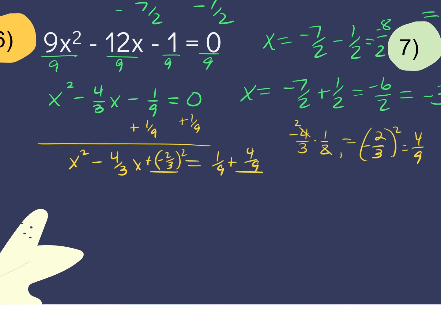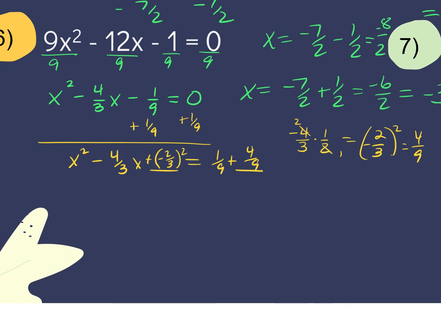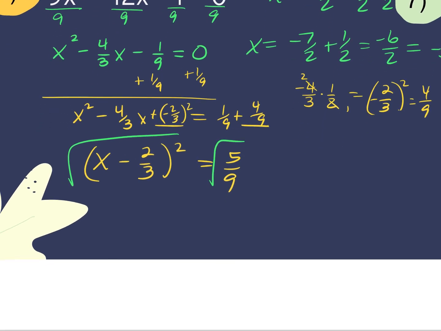Minus 2/3. So x minus 2/3 squared equals 1/9 plus 4/9, which is 5/9. Square root: x minus 2/3 equals plus or minus the square root of 5 over 3.